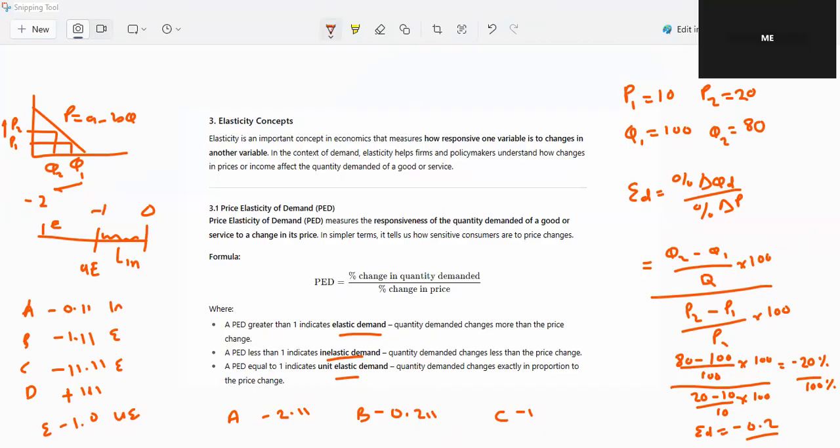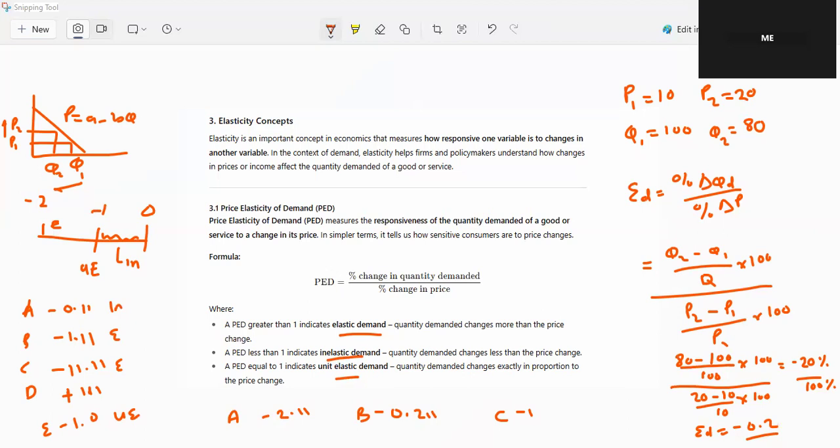Are we together? So this is what we call point elasticity of demand, or elasticity of demand at that particular point. Okay? Any questions? So it tells you the sensitivity.